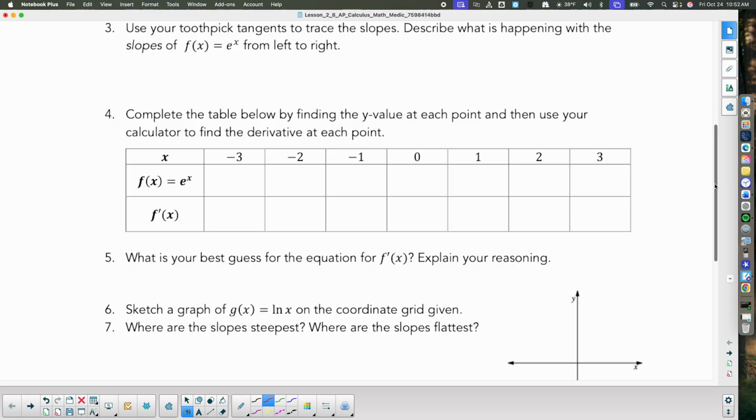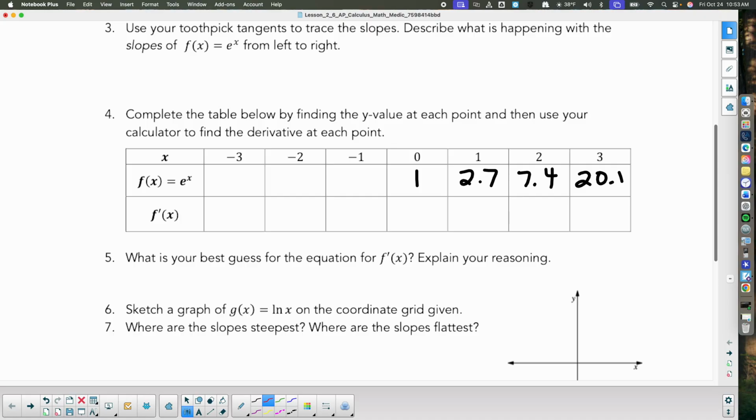Actually, I got e to the 0. What is he gonna get? Is that 2.7? Those are the only two I know. I have b of x equals e to the x. b of 2 is 7.389. And then b of 3 is 20.1. 1 over 2.7, whatever that is, it's like a third. 0.367.